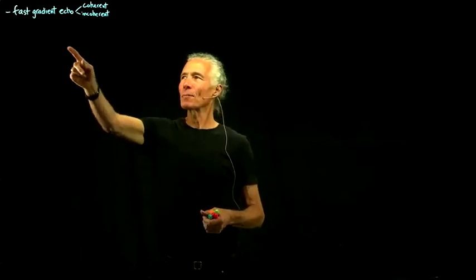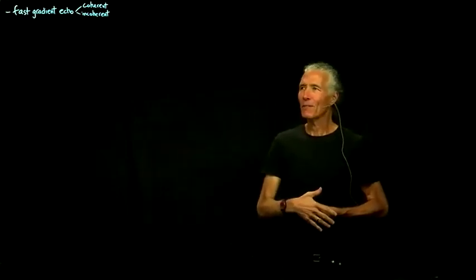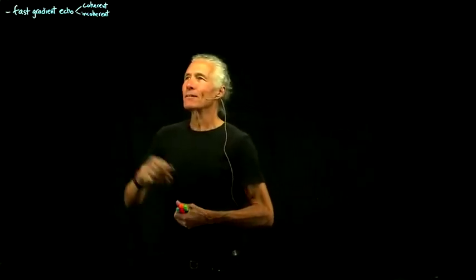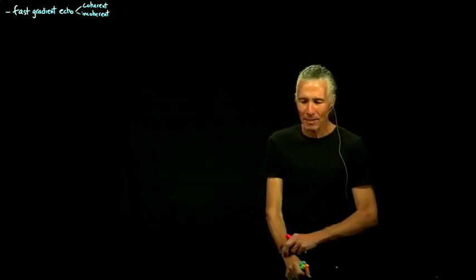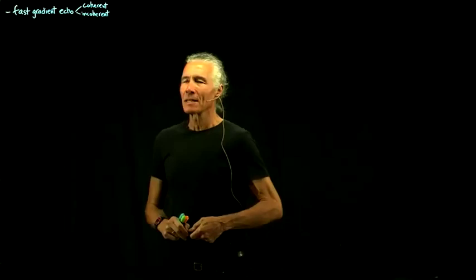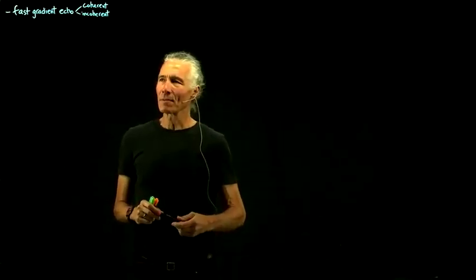So today we'll talk about pretty fast gradient echo, and there's two different kinds of it. There's coherent and incoherent, and the coherent ones are probably less familiar because they're not actually used that often.